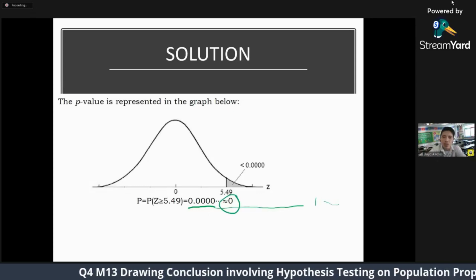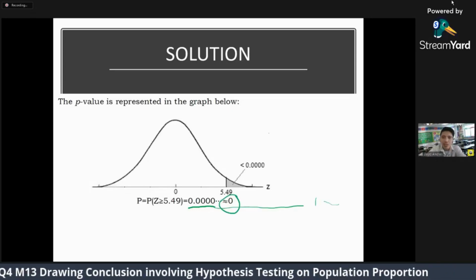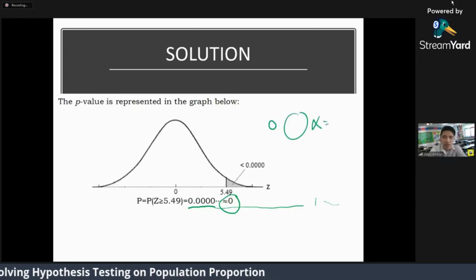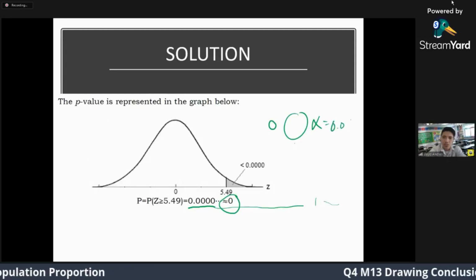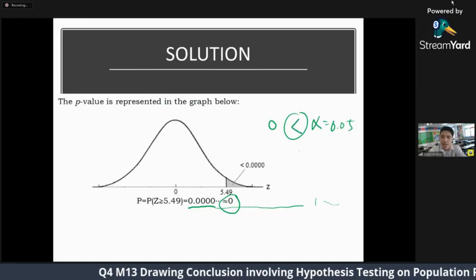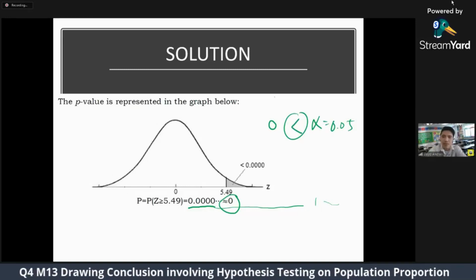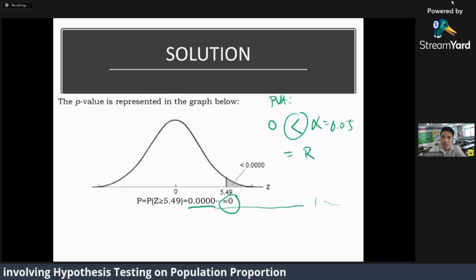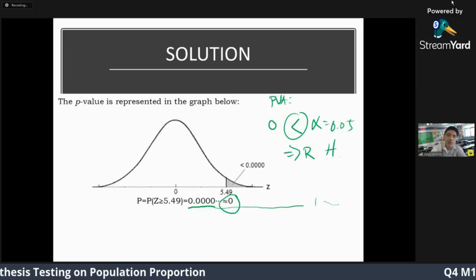So, if we compare this 0 to our alpha of 0.05, 0 compared to 0.05 is less than. Since it is less than, using the p-value approach, you have to reject the null hypothesis.